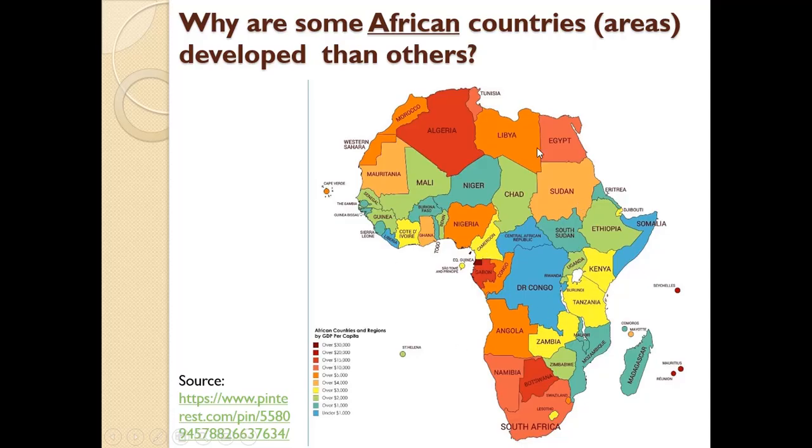It is based on goods and services produced by each country. But if we were to dissect DRC, you would find that there are areas that are richer than other areas. So that's the problem with generalization that I was talking about.